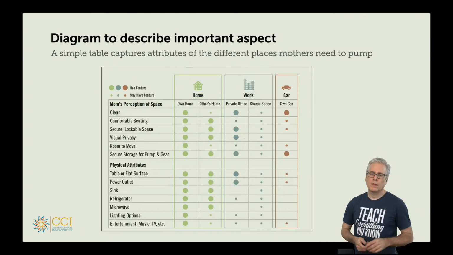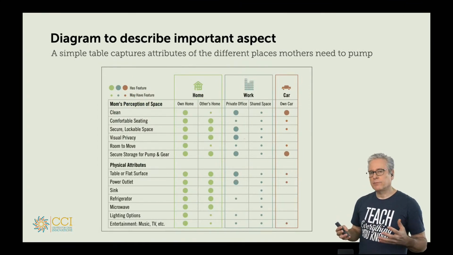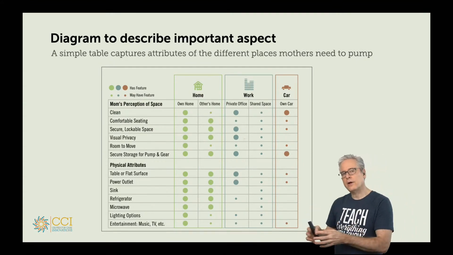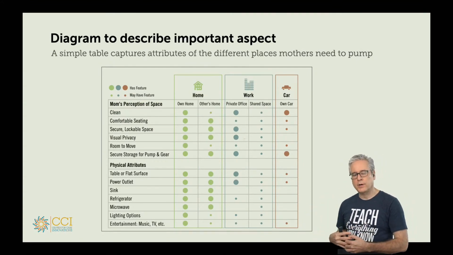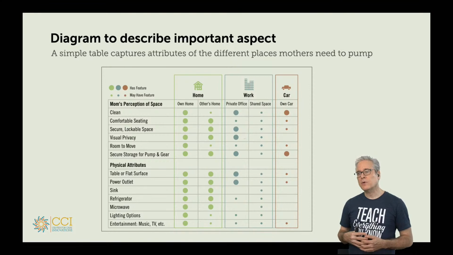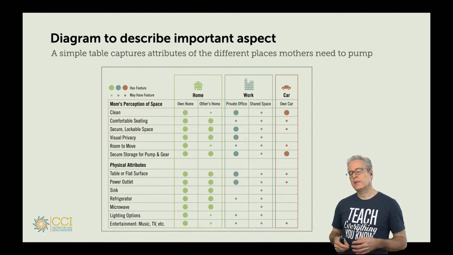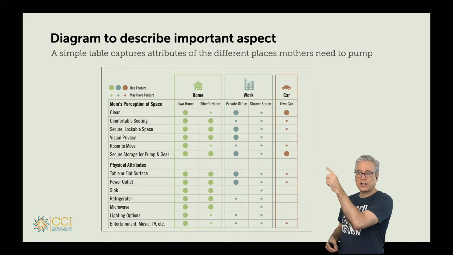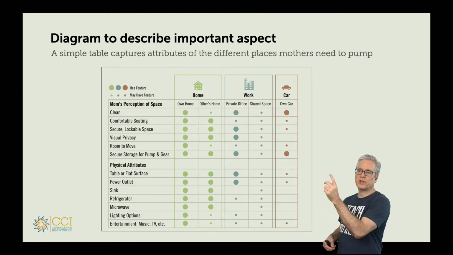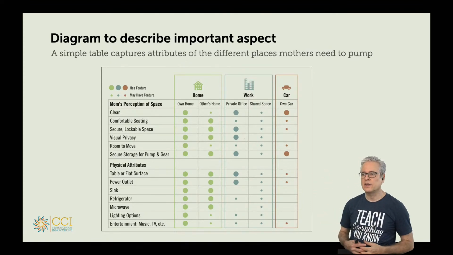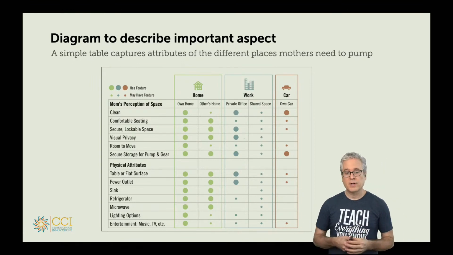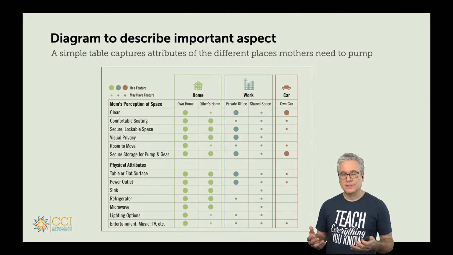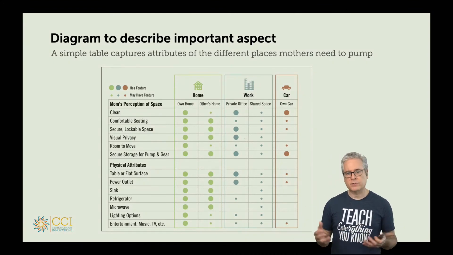Okay. We also brought in other diagrams. So you heard her talking about inside the car, at home. Other women talked about pumping at work. So we have this little table with what women are describing on one side of the characteristics of those things, and then the situation at home, work, and the car. You can see visually from this diagram that home has the most and the best attributes, clearly, which is kind of obvious in retrospect.